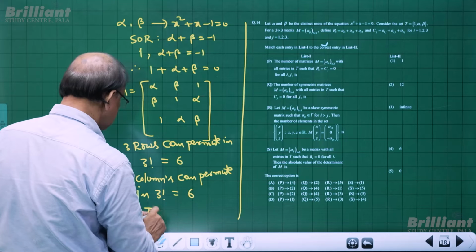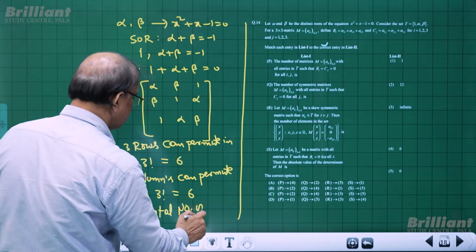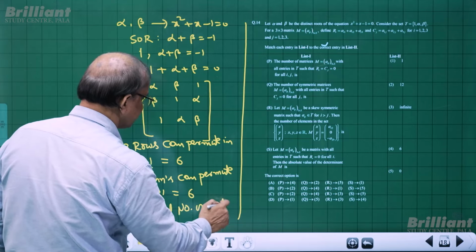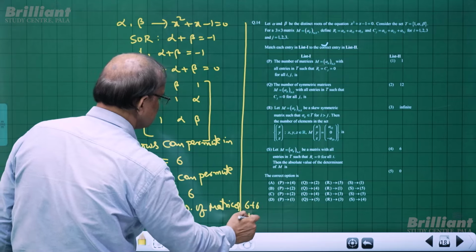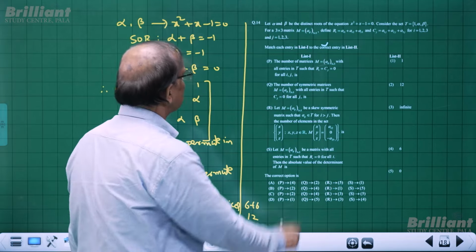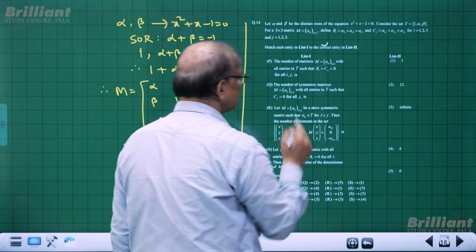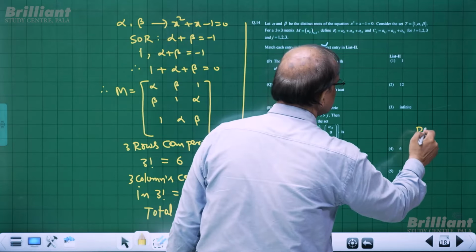So, the total number of matrices is 6 plus 6, that is 12. So, what is this? P is 12. So, P is 2, okay. So, we got P2.